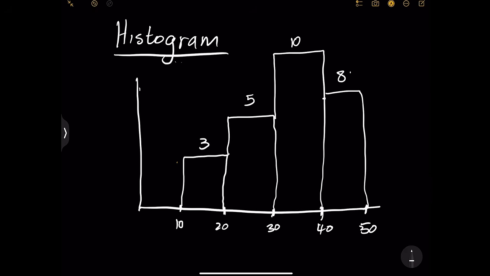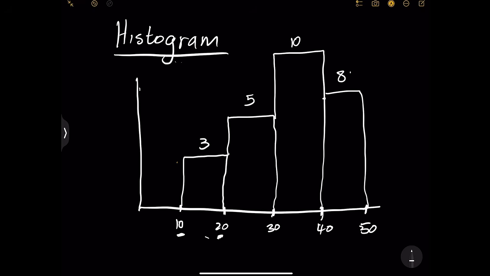It would give you obviously the upper bounds and the lower bounds of your intervals there. So you've got an interval between 10 and 20. Okay, so interval between 10 and 20, I've got 3. And then I've got 5 between 20 and 30. I've got 10 between 30 and 40. And I've got 8 between 40 and 50.